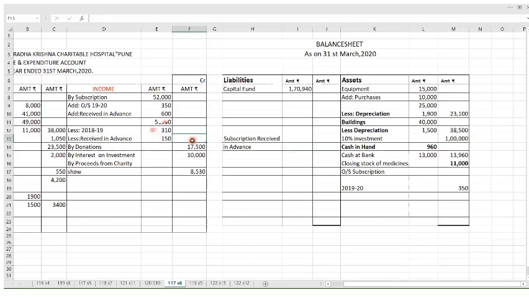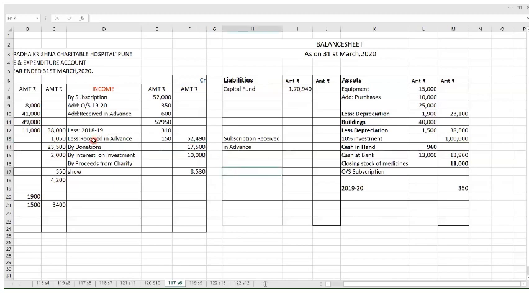So from 52,950, we have to deduct the outstanding for last year as well as subscription received in advance for next year. So we're going to deduct that amount, and after that we're going to put the values in outer column. So that is 52,490.